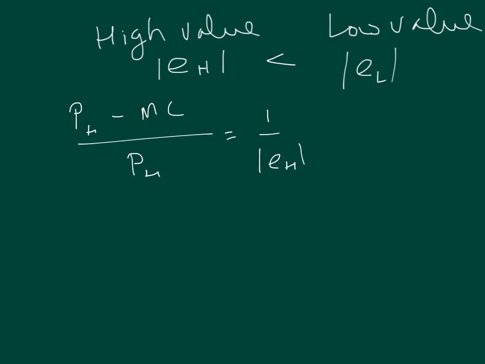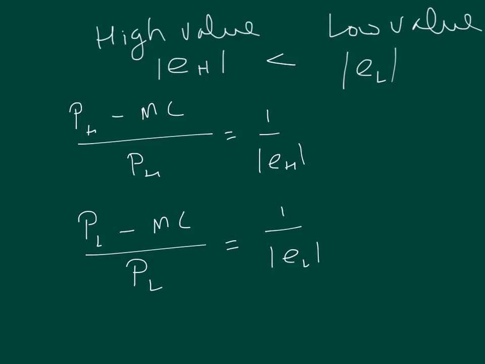And similarly for the low value, we should have the price that they charge from the low value, and assuming the same marginal cost, should be equal to 1 over the elasticity of the low value buyers.